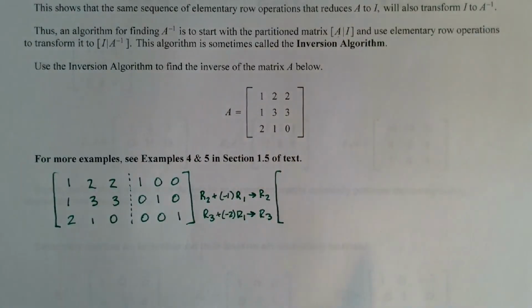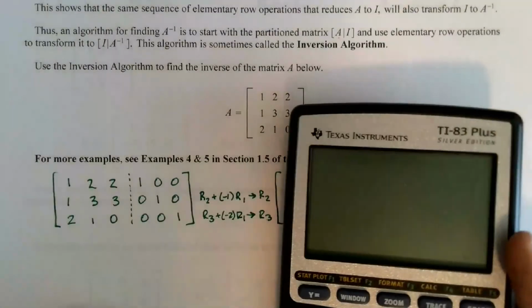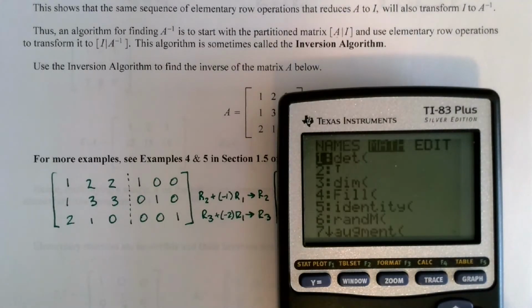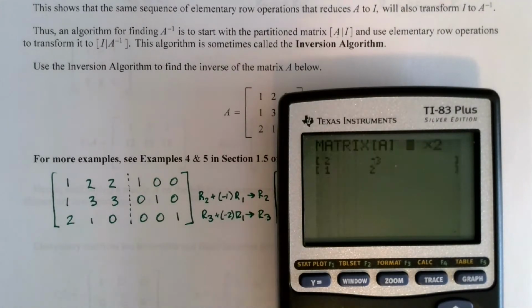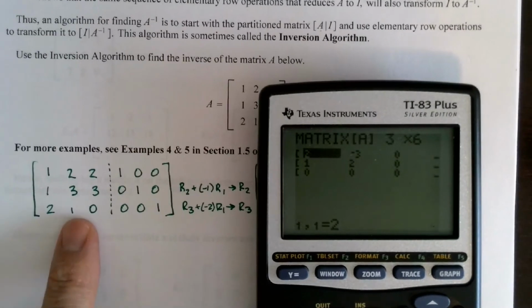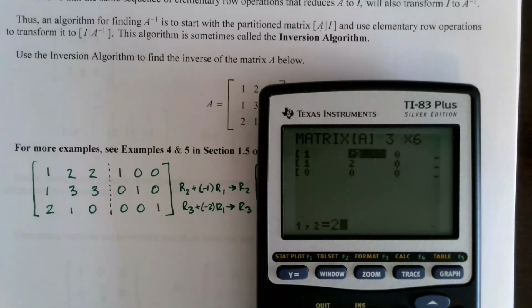Okay, and to do that, as we have before, I'm going to use the TI-83 in this case. So I go to matrices, I go over to edit. I'm going to edit matrix A, and I need to make it now into a 3x6 matrix. So now I carefully enter in these numbers all the way across, including the identity portion there.